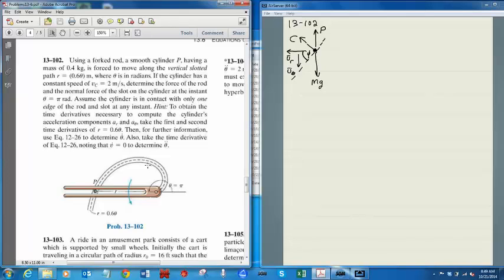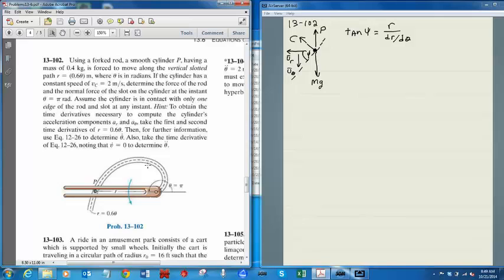Okay, according to page 145, the tangent of that angle is equal to the radius divided by the derivative of r with respect to theta.